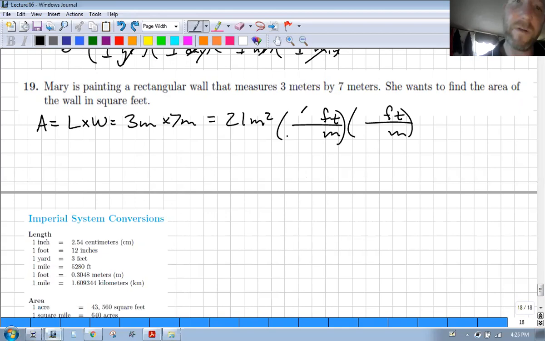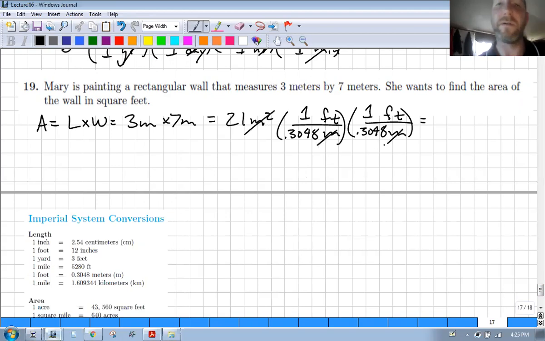So meters squared is gone, and we're left with feet squared. So 21 divided by 0.3048 divided by 0.3048 is 226.04 feet squared.